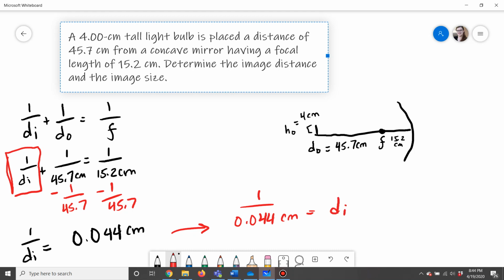So I go ahead and do that. And I end up with an image distance of 22.73 centimeters. So my image distance this time is going to be less than my object distance.